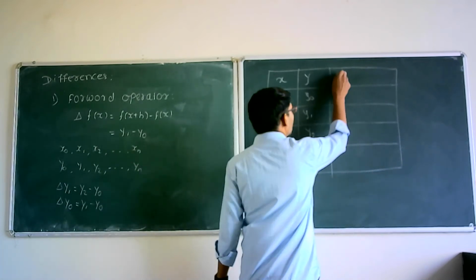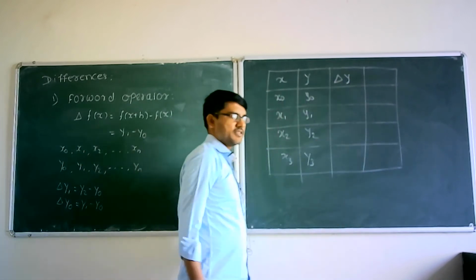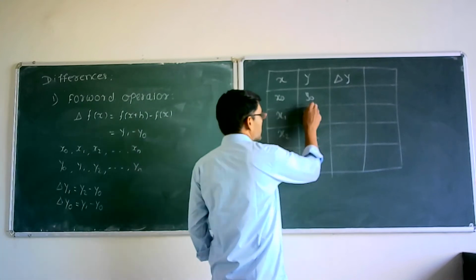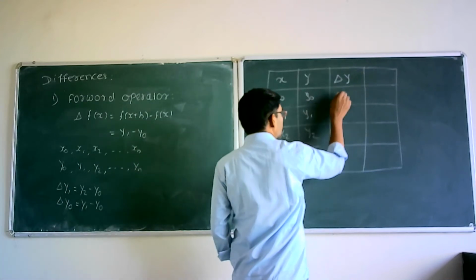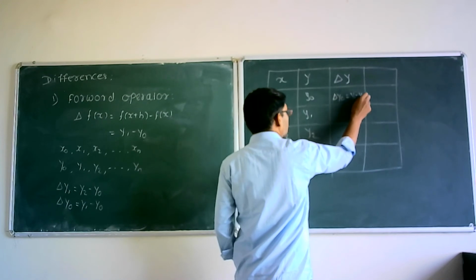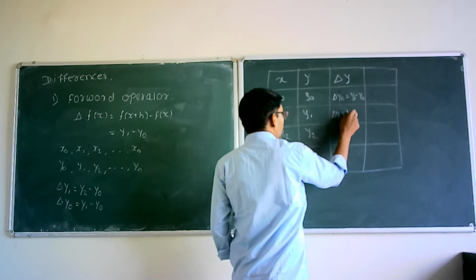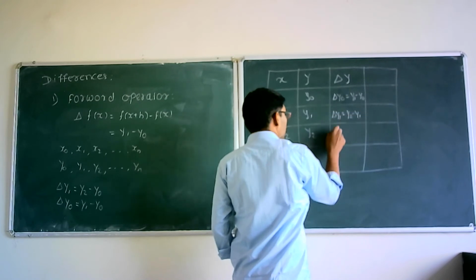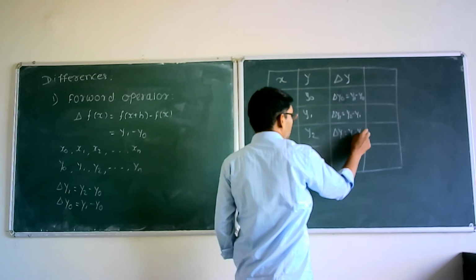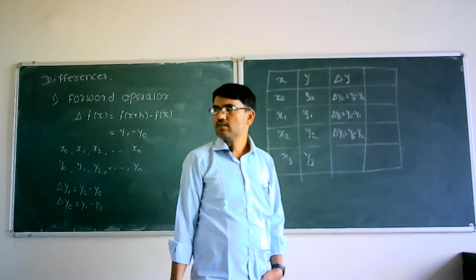Then what is the first forward difference? It is denoted by delta y. This term is delta y0, and it is equal to y1 minus y0. Delta y1 is equal to y2 minus y1. Delta y2 is equal to y3 minus y2.